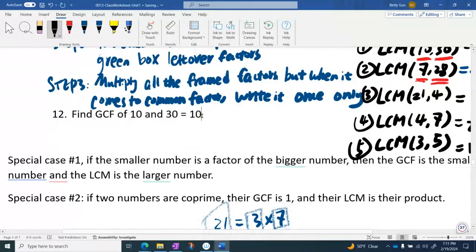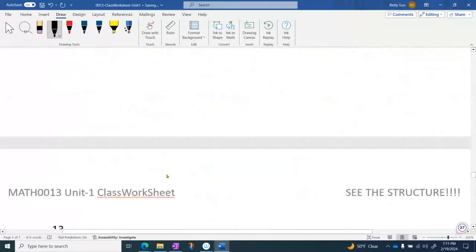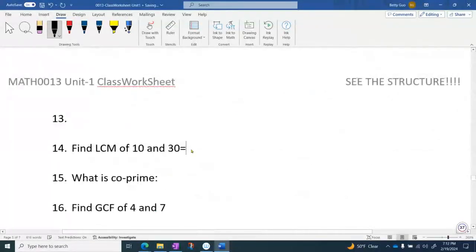First, the special case, right? 10 is a factor of 30. 30 is a triple of 10. So GCF of 10 and 30 is 10. What about the LCM of 10 and 30? First, the special case. 30. Yeah, 30 is a multiple of 10. 10 is a factor of 30. LCM is the bigger number.